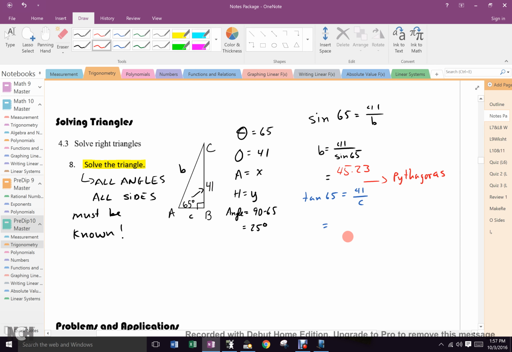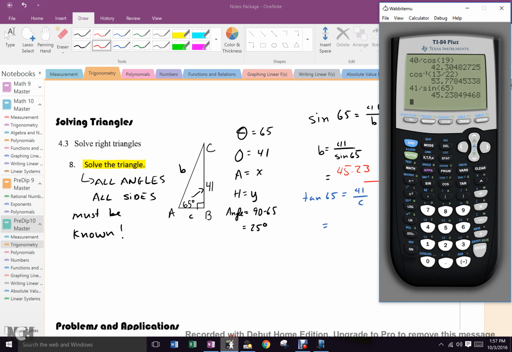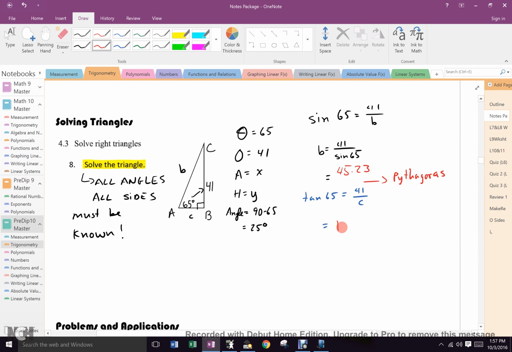Okay. And then the last one. Now, the last one should be the shortest side, shouldn't it? Right? So that is 41 divided by tan 65. And I get 19. Do I have everything filled in? Angle, 25, side. Good. Here is the next problem.